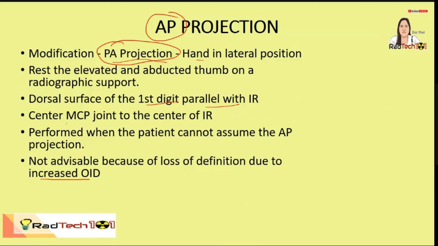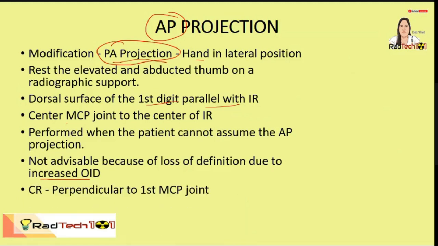So, magiging malayo na yung ating first digit sa ating IR. So, magkakaroon ng magnification. So, hindi na siya ganun ka ganda yung kanyang visibility. So, kaya lang wala tayong magagawa if hindi kaya ng patient yung AP projection.